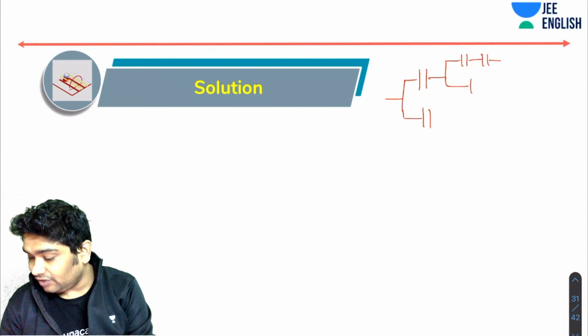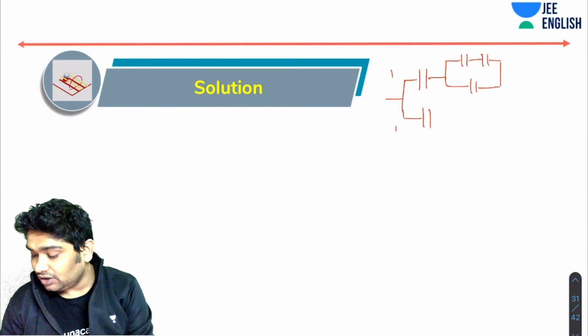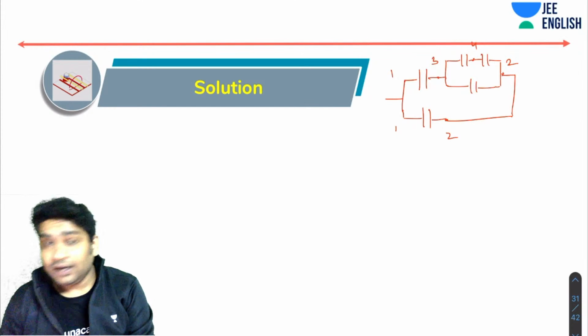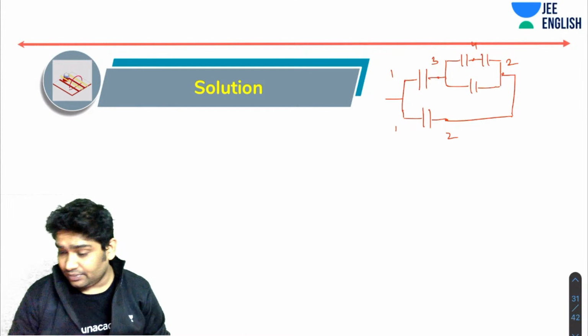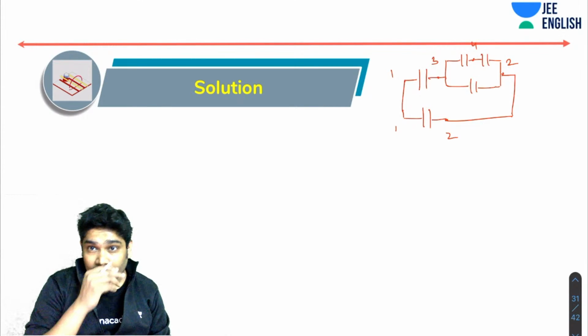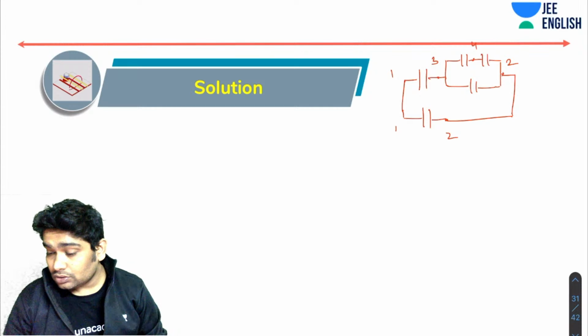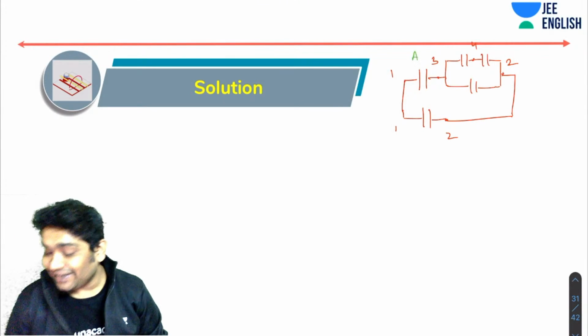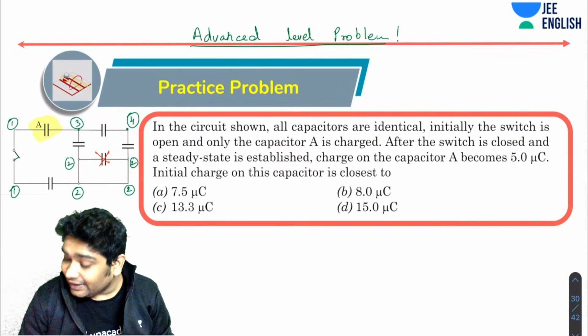Here I have one which goes to 2. So this is 1, this is 1, this is 3, this is 4, and this is 2. And this is also 2. So this is what my equivalent circuit looks like, correct? This was my capacitor A.